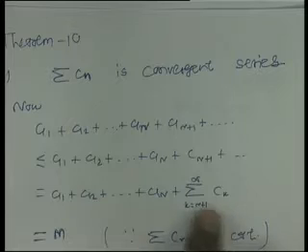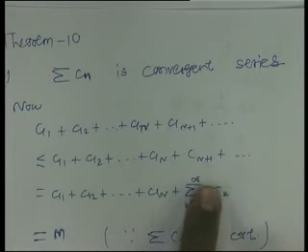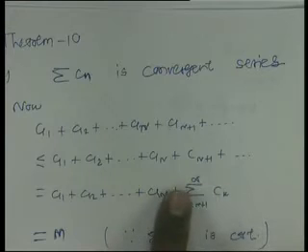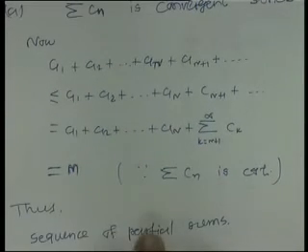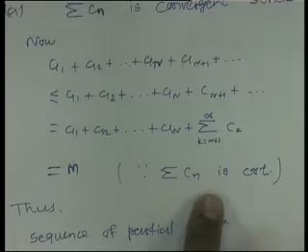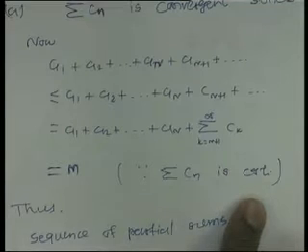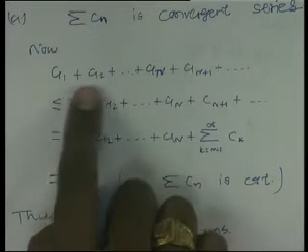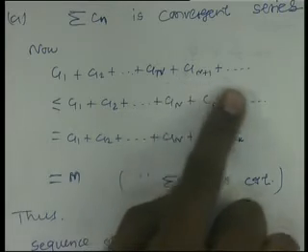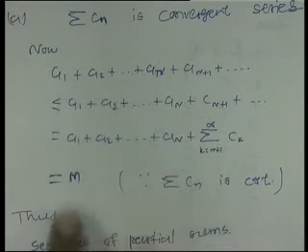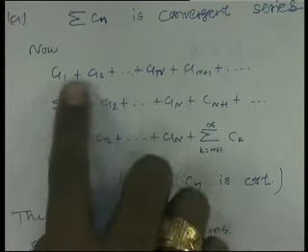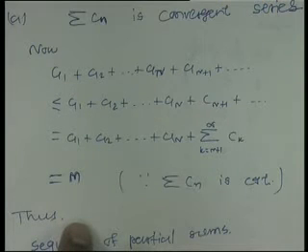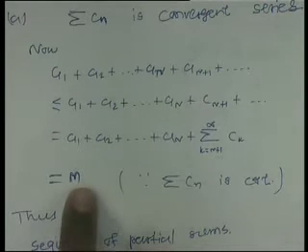Now we know that this series is a convergent series. So it has some finite value, plus adding these finite values we have some finite number m, because sigma cn is convergent. So we have seen that the positive term series a1 plus a2 up to infinity is bounded by this number m, right. So when we consider the sequence of partial sums, that is also bounded by this number m.